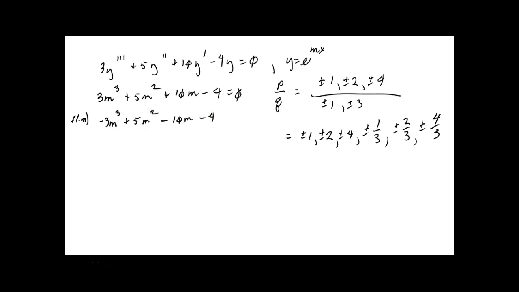One sign change, another sign change. None there. So that's 2. Okay? So the first one tells us one positive real root. This tells us 2 or, unfortunately, 0 negative real roots.